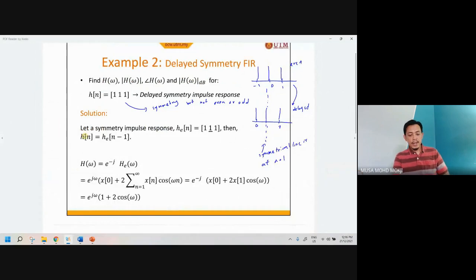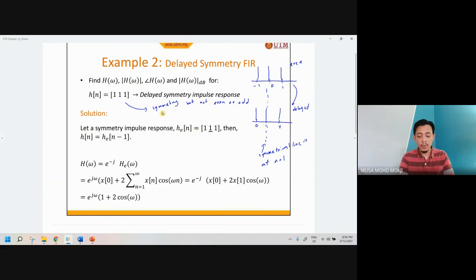Let's say we have an even, symmetry impulse response he[n], the even signal version of this one.